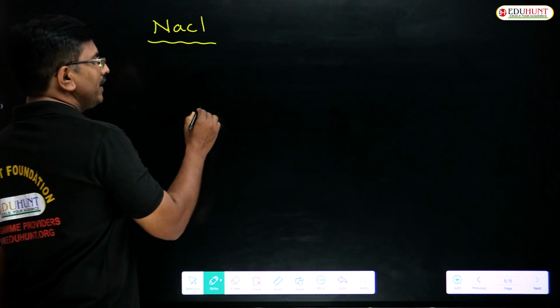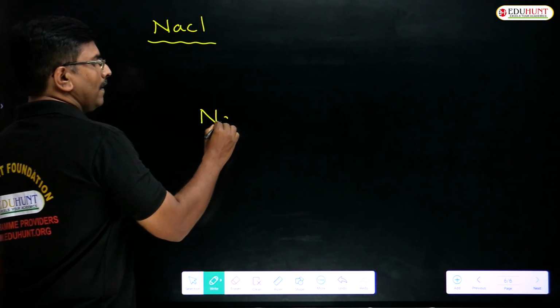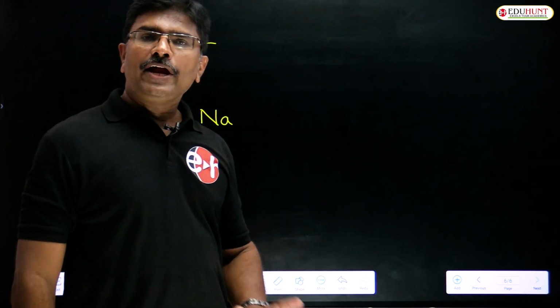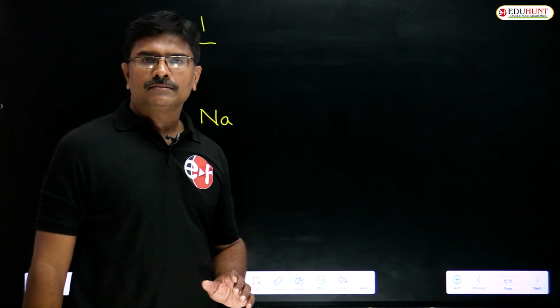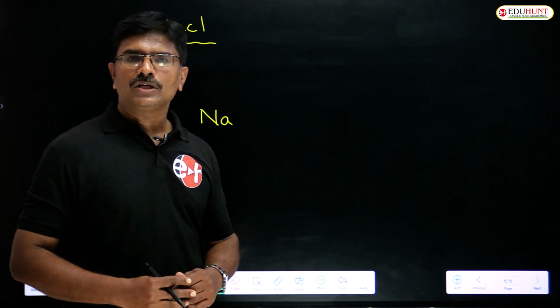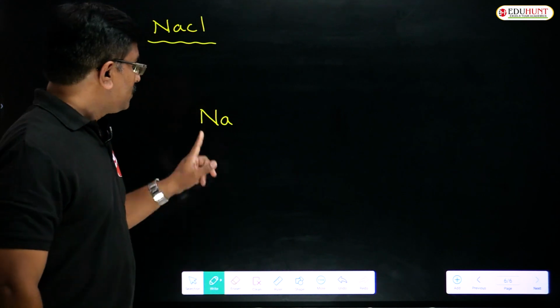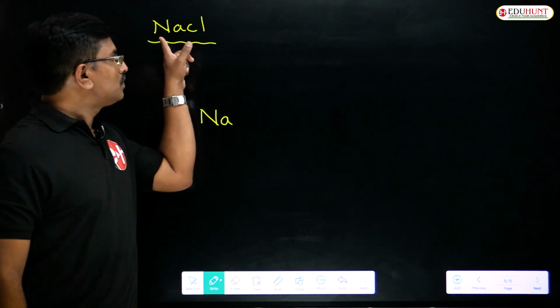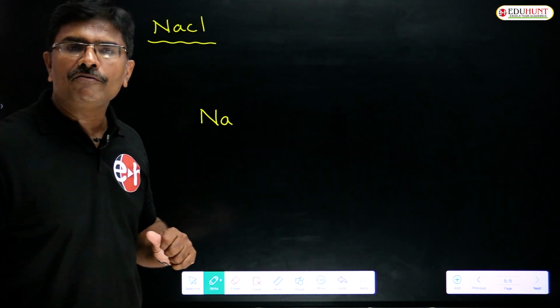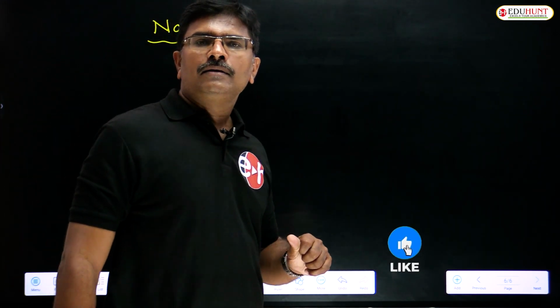See, the sodium, till now you know the way to write the Lewis dot structures. I explained in the previous classes the way to write the Lewis dot structures. Tell me, in this particular substance sodium is there. Sodium has how many valence electrons, dear students?